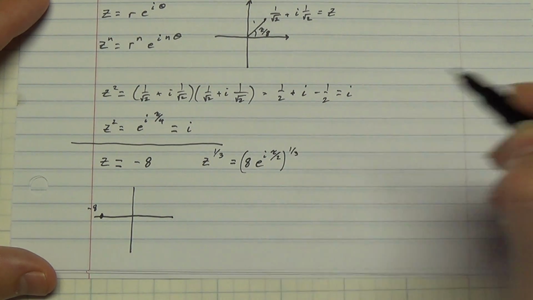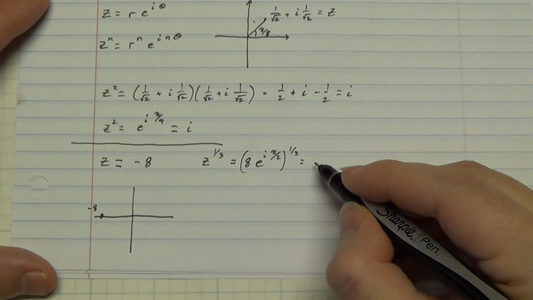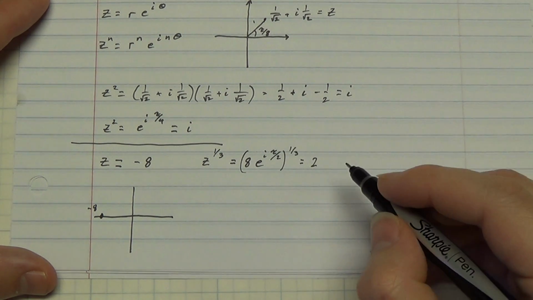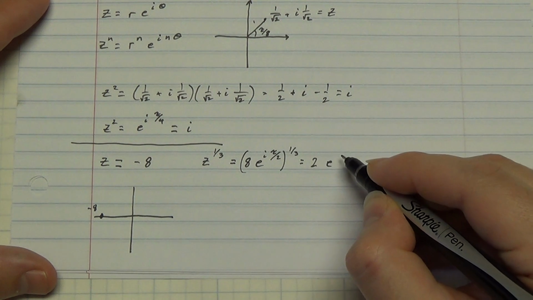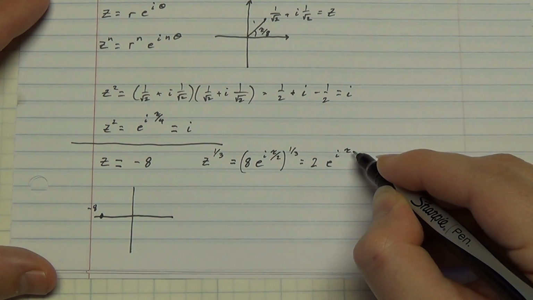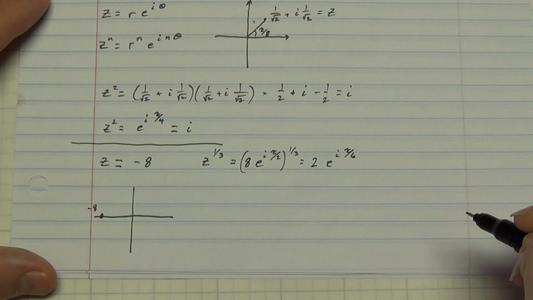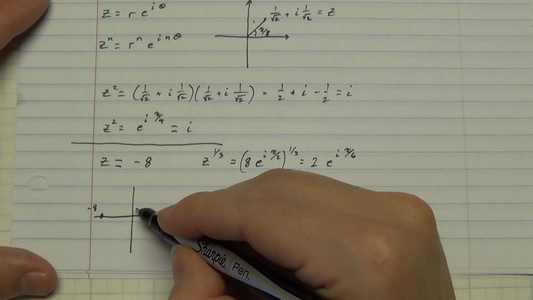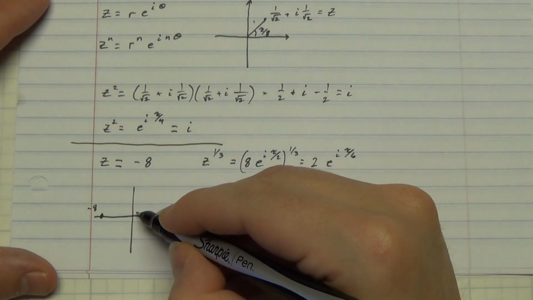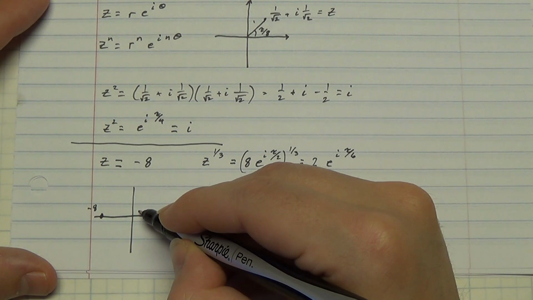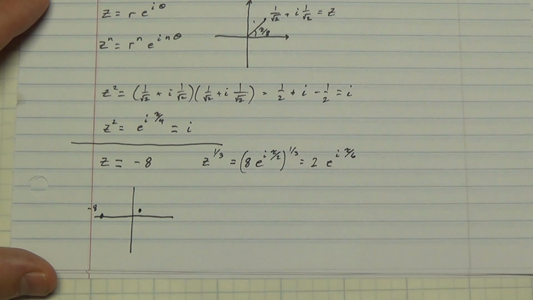To the 1/3. 8 to the 1/3 is 2. And we have e to the i tau over 6. So magnitude 2 and a 1/6 of a turn right about there.